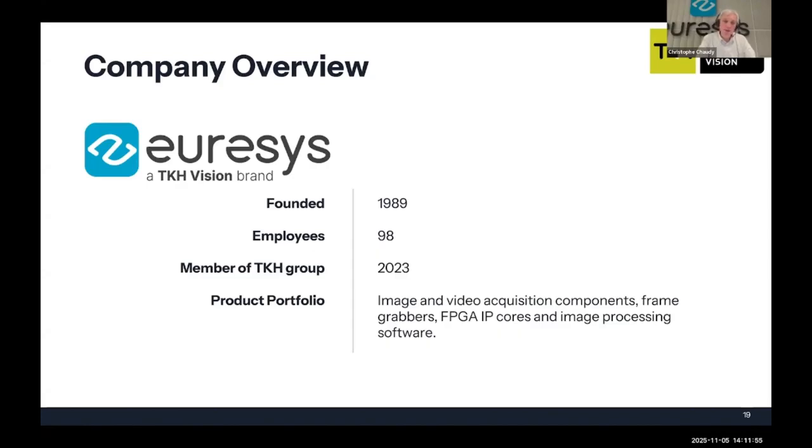And we joined the TKH group 2 years ago. Euresys is a manufacturer of components for machine vision, more specifically frame grabbers, like Robin talked about a little bit, FPGA IP cores, and image processing software. And that's the part for today.